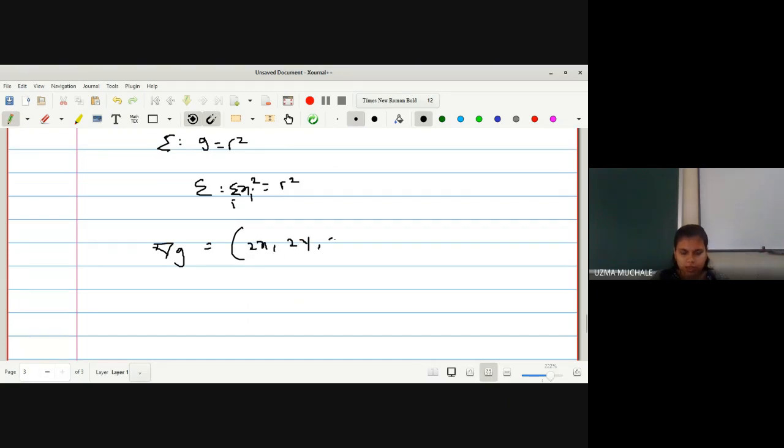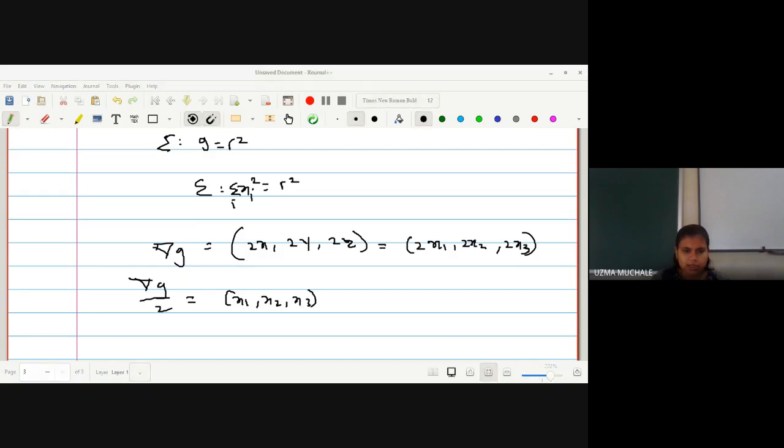It is 2x, 2y, 2z, or you can write this as 2x1, 2x2, and 2x3. Now, if I take a 2 common outside, what I will remain with is del g upon 2 equals x1, x2, and x3. Correct?